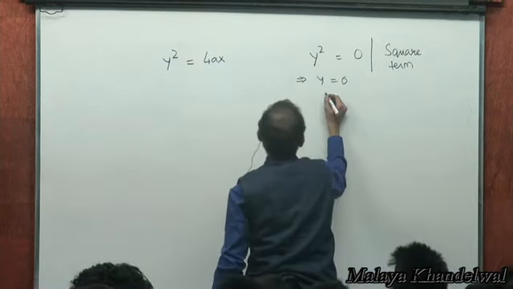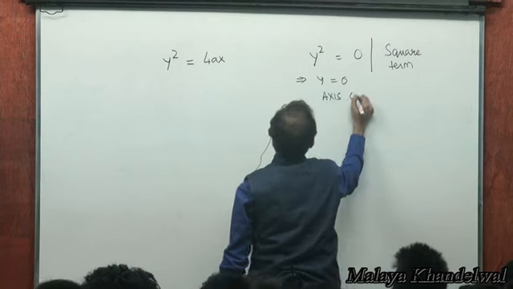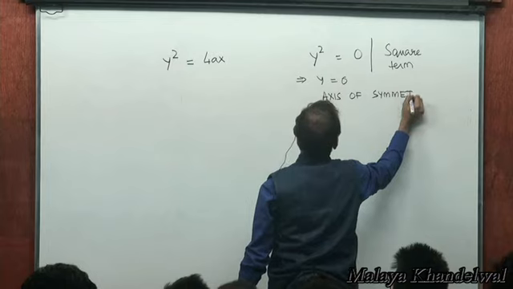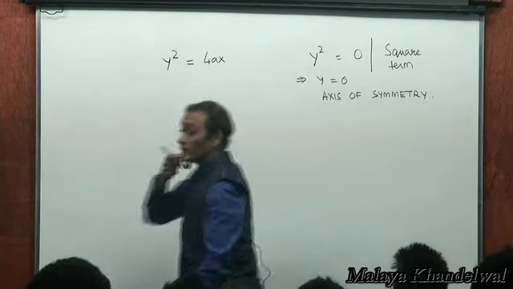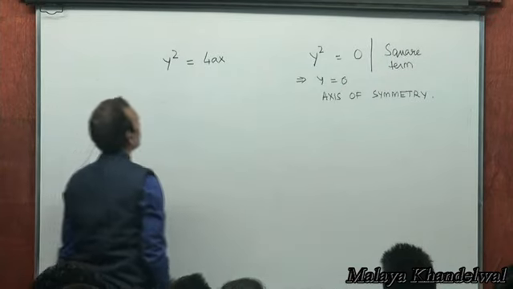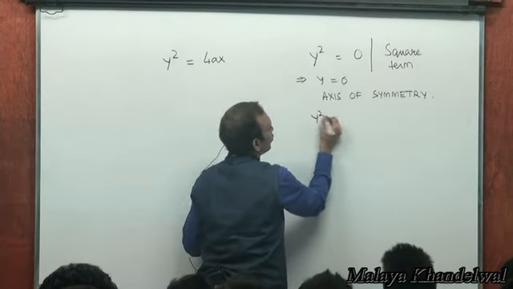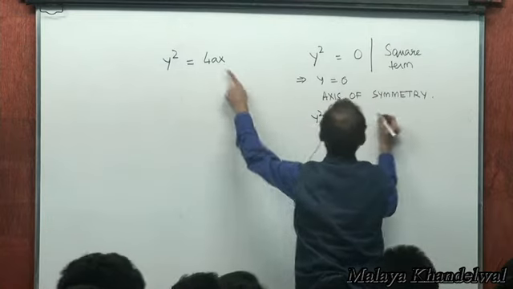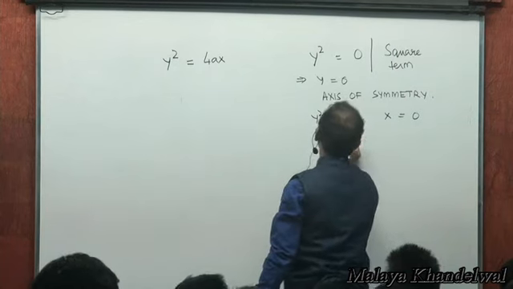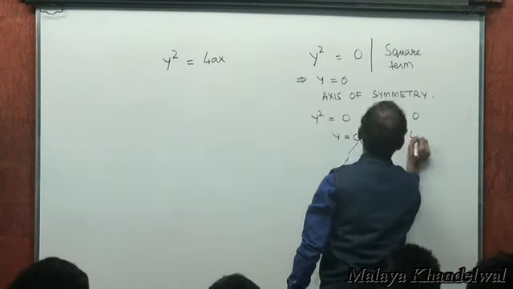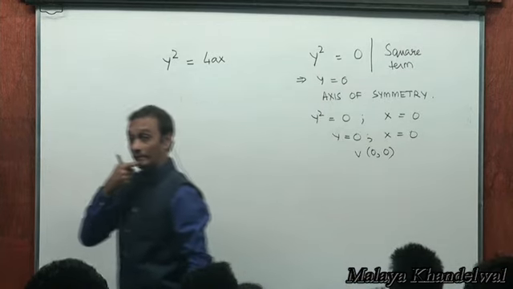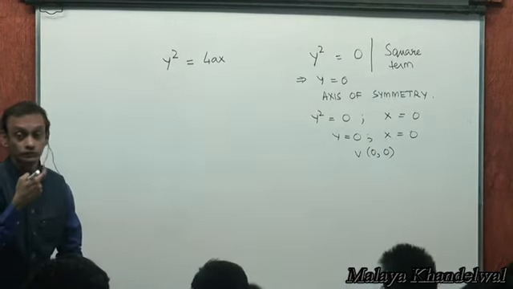If you equate the square term to 0, you get the axis of symmetry. y equal to 0, the x-axis, is the axis of symmetry in this case, right? Now, when you equate both to 0, y squared equal to 0 and the linear term equal to 0, you get y equal to 0, x equal to 0, you get the vertex of the parabola. Yes or no?